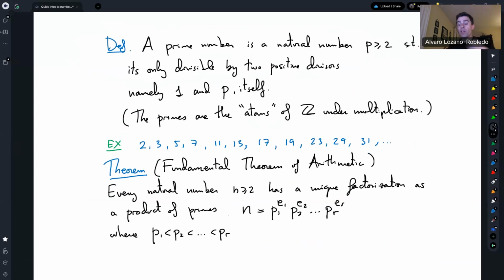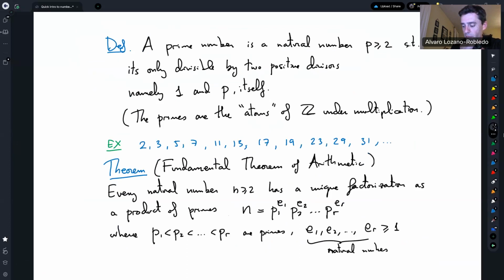So the unique factorization is actually just, there's only one way to write them if you write them in increasing order. So these are primes, and the exponents e1, e2 through er are all integers or natural numbers, let's say, bigger than or equal to 1.